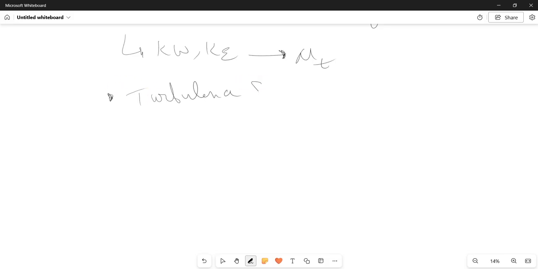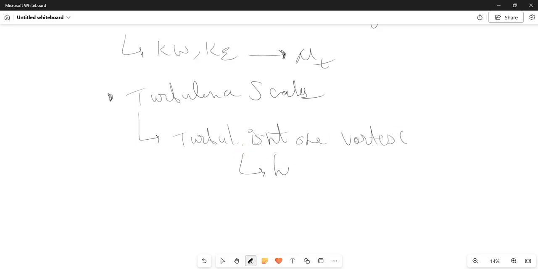Turbulence is generally not one vortex, it's like a hierarchy, like in layers. And hope you know what a vortex is. So curling of fluid is your vortex. If you have this fluid going like this, it's a vortex.